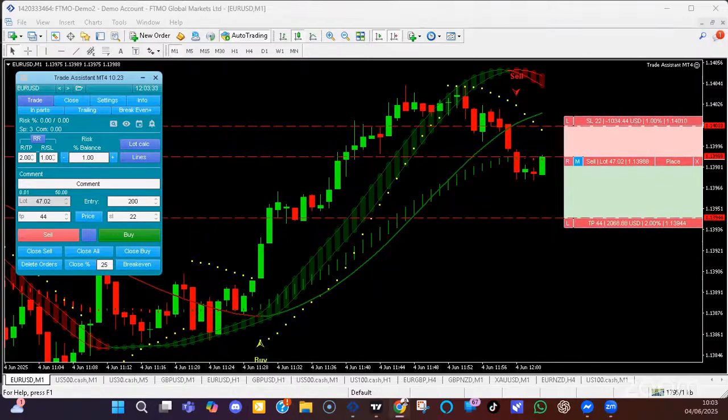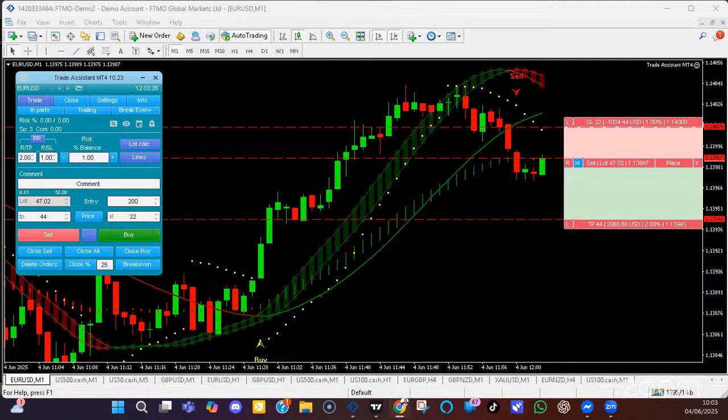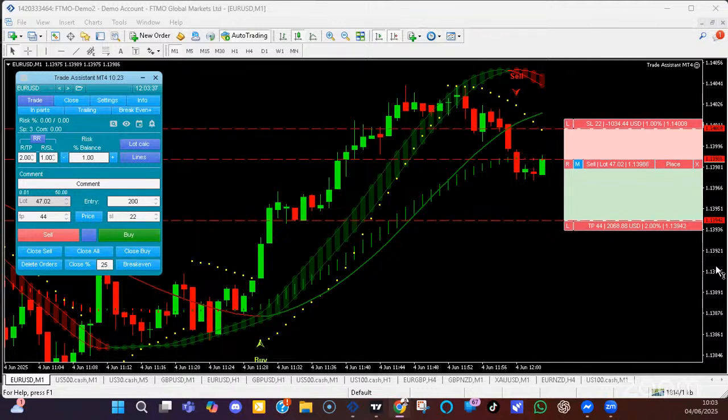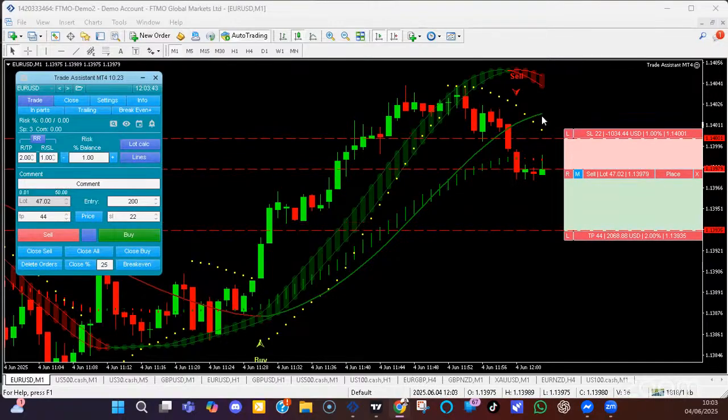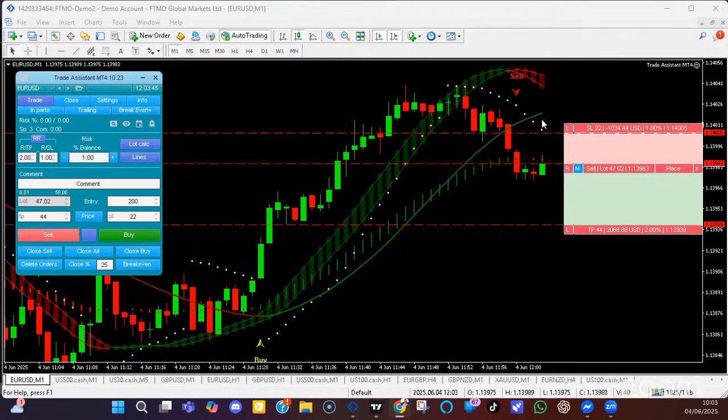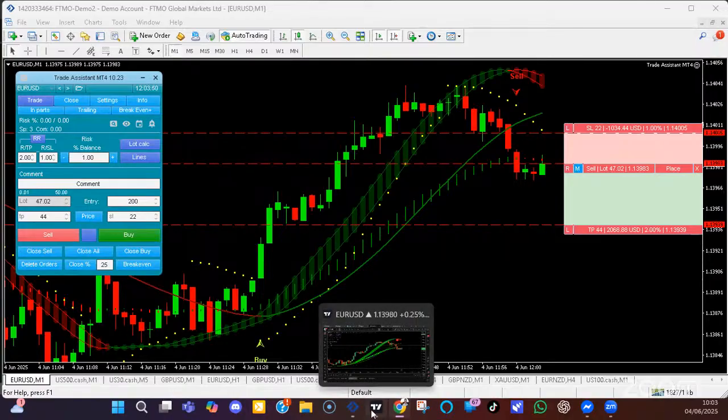But we are here waiting. Obviously, we've got to wait for the trend line to, well, it's horizontal now. So we could be getting a little trade on the EUR/USD.